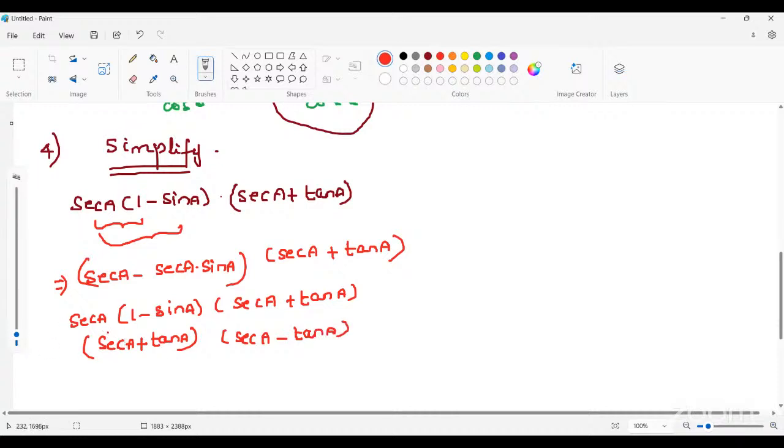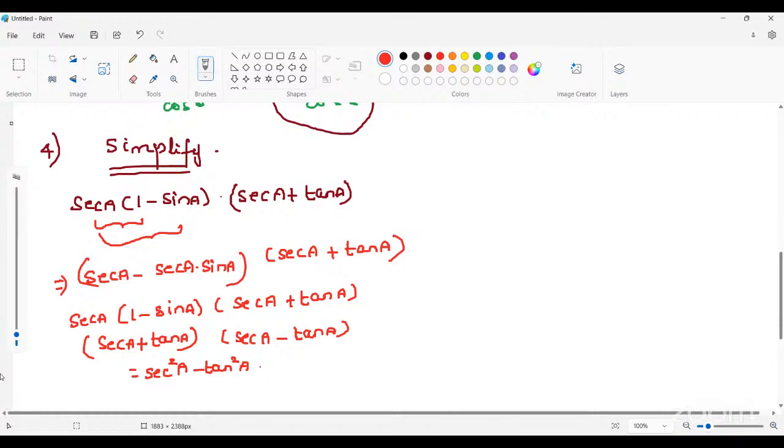So secant A plus, what is secant A into sin A? Sin by cos, isn't it? So it becomes secant A plus tan A, then secant A minus tan A. So this becomes secant square A minus tan square A.